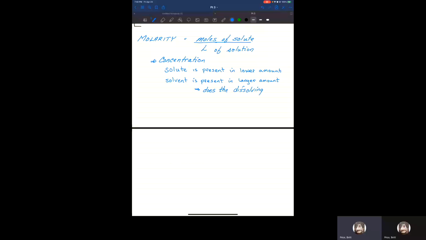Most of the solutions we will be talking about, we will have water as our typical solvent. And since water is our typical solvent, we end up calling these aqueous, A-Q-U-E-O-U-S, aqueous solutions. And that gets abbreviated AQ.